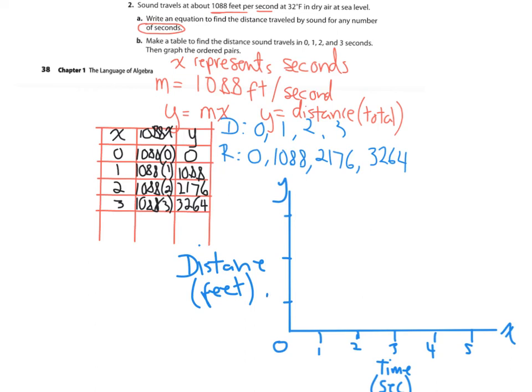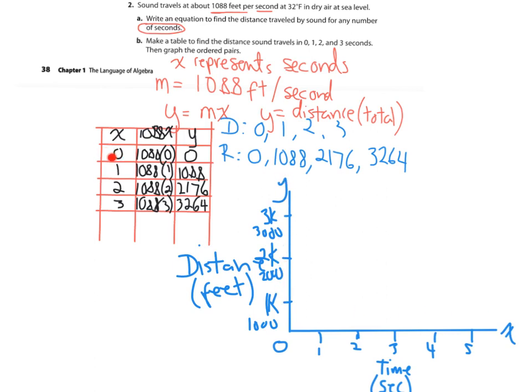So I could put it as 1K, then 2K, then 3K. I could write it like that, or I can write it as the actual number 1,000, 2,000, 3,000. Just to show you that those are the increments. So it's increasing here by 1,000, while over here it's increasing by second.